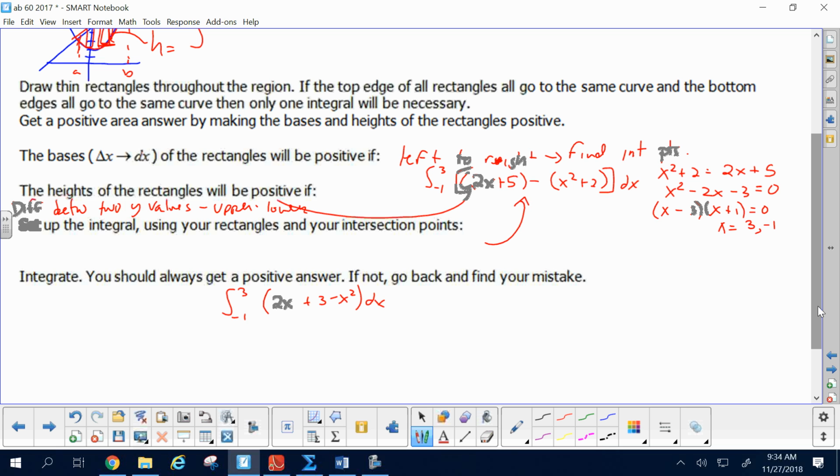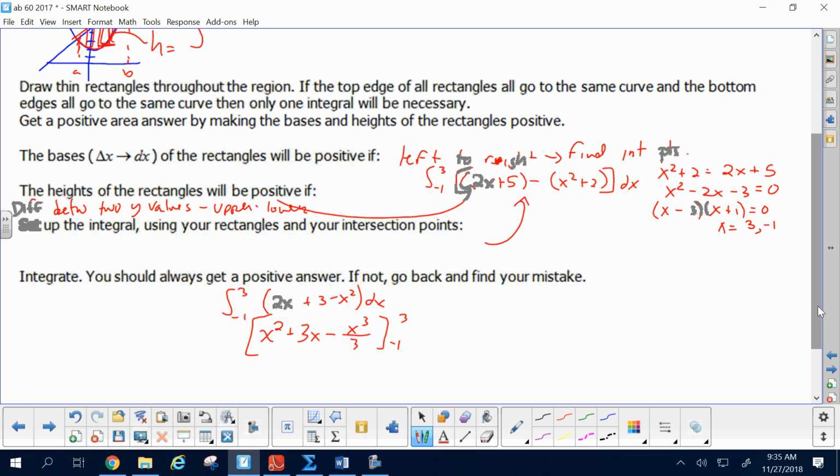Let's integrate 3 terms rather than 4. What's the antiderivative of 2x? x squared. What's the antiderivative of 3? 3x. And the antiderivative of negative x squared? Negative 1/3 x cubed. From negative 1 to 3.